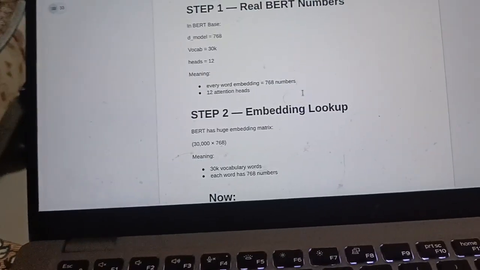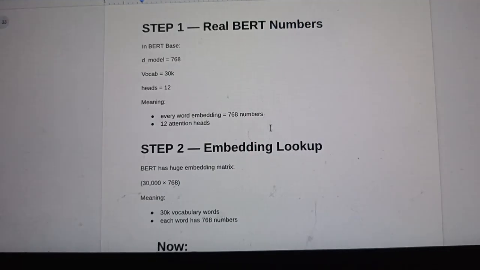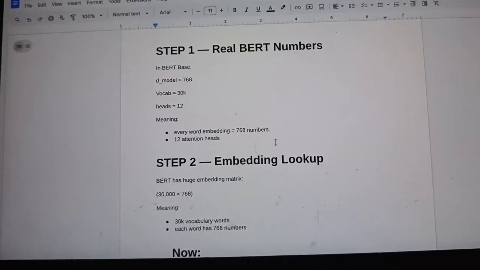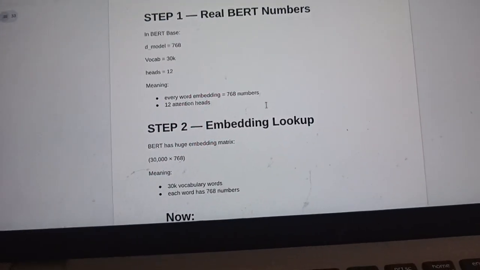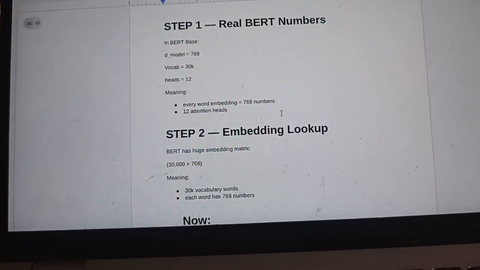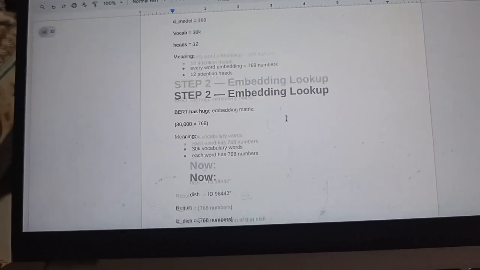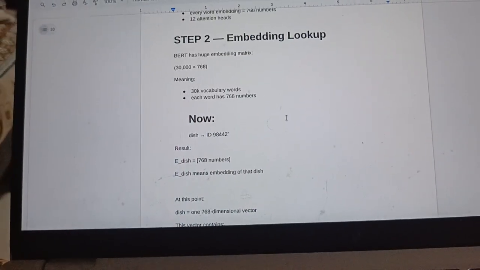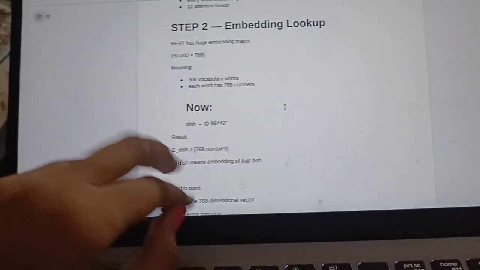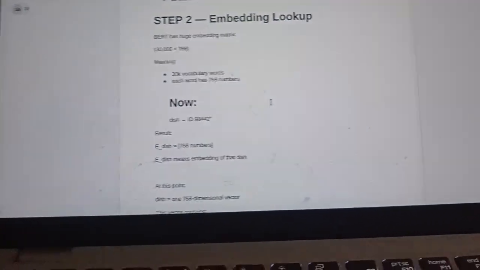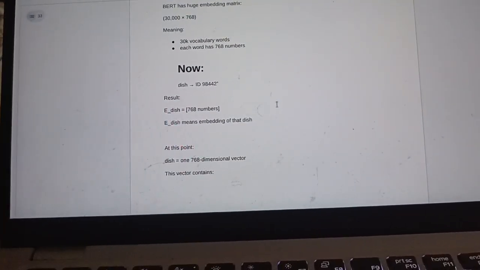Now, for example, just a second, here we go. So we have word embeddings and 12 attention heads. Now the embedding lookup. BERT has a huge embedding matrix, right? 30,000 as we saw earlier. Now the dish ID is this. This means the embedding of the dish is over this token ID, and it has 768 numbers because that's for BERT.